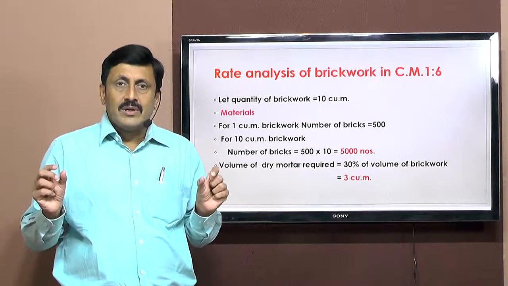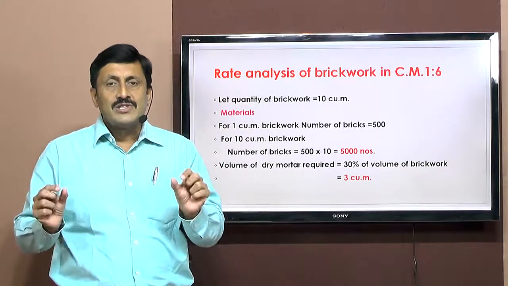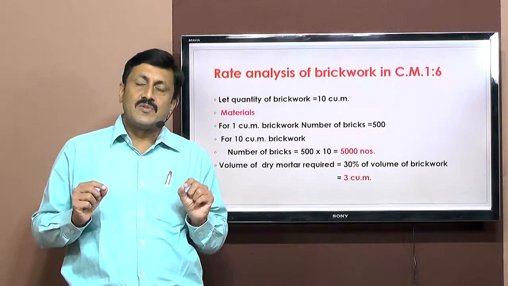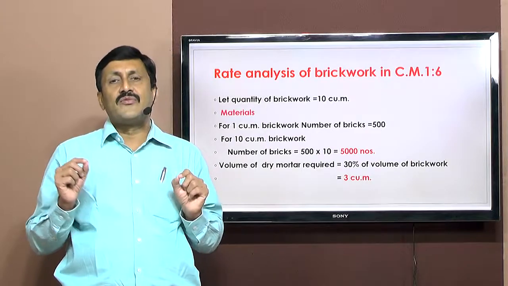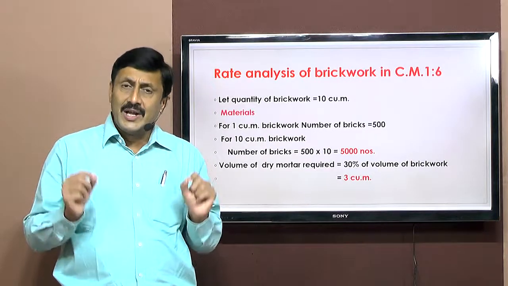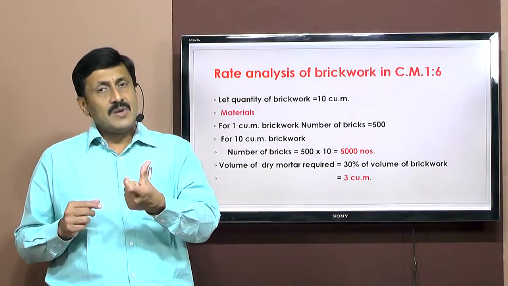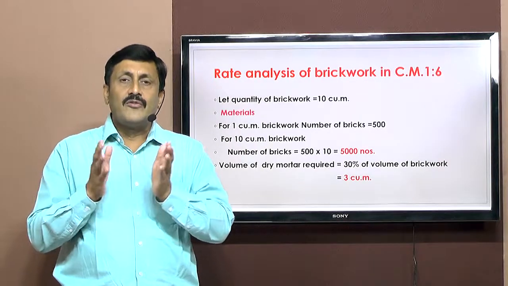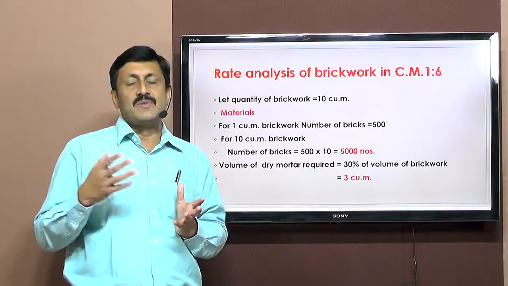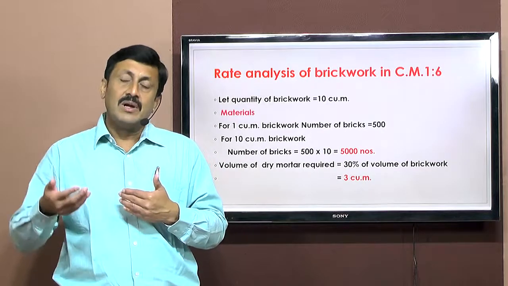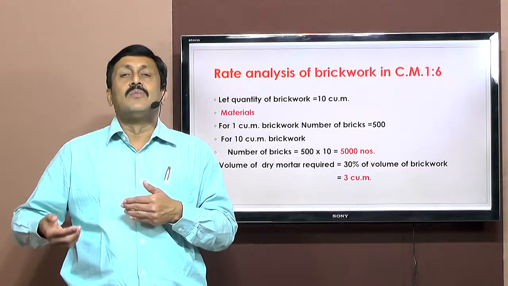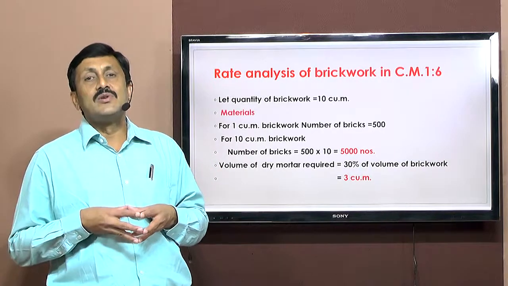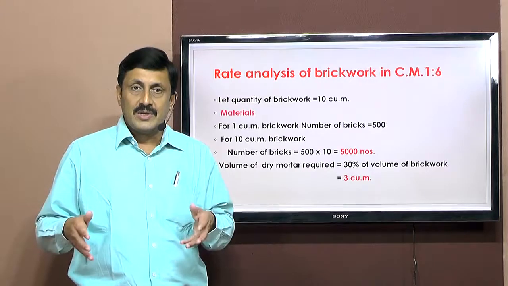If you include mortar joints also in that, then normally for calculation purpose we consider dimensions of one brick as 20 centimeters by 10 centimeters by 10 centimeters. So volume of one brick for calculation purpose will be 0.2 meters multiplied by 0.1 meter multiplied by 0.1 meter. So that will be equal to 0.002 meter cube.